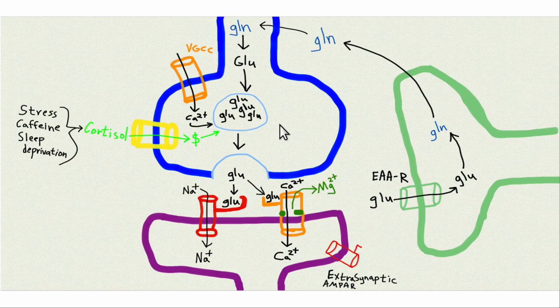There's cell number 1, the presynaptic neuron, cell number 2, the postsynaptic neuron, and then here's the supportive cell, the mama cell of the brain, the astrocyte. It takes up the glutamate from the synaptic cleft and converts it to glutamine, because you can send glutamine extracellular. You don't want glutamate extracellular because it could activate things. So glutamine goes back to the neuron and gets reconverted into glutamate.